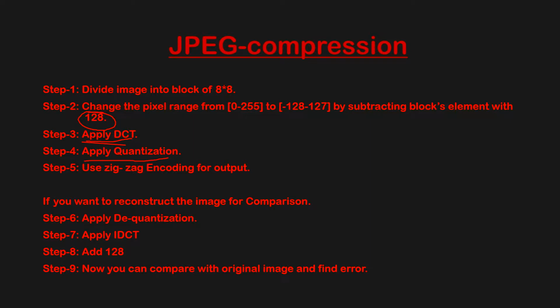So we do the quantization on the coefficients of the DCT matrix, and after that, when we want to get the output in a single row, we do zigzag encoding of that quantized matrix.